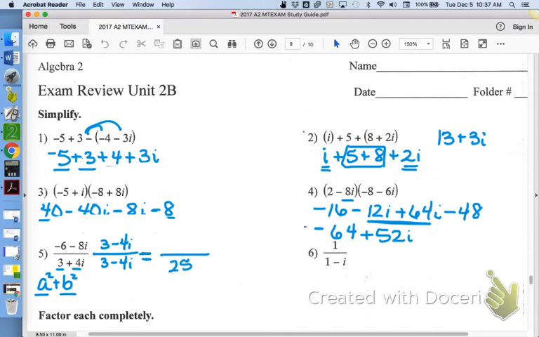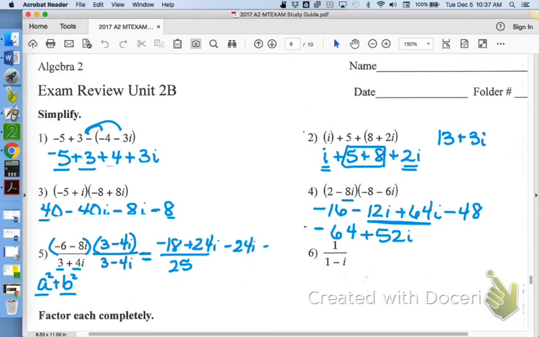And now I have to do the real deal with this numerator. I have to distribute. Negative 6 times 3 is negative 18. Negative 6 times negative 4i is plus 24i. Negative 8i times 3 is minus 24i.